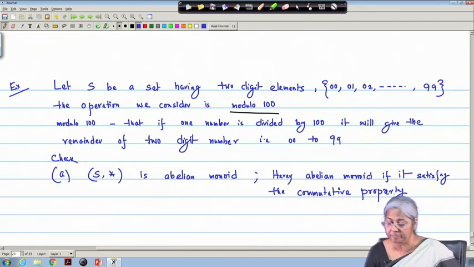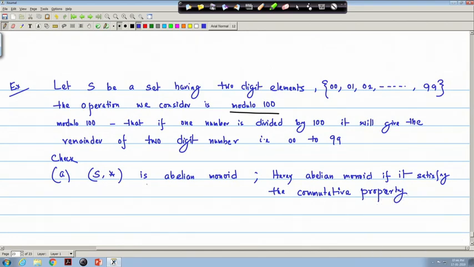So we have to check whether it is an abelian monoid. Then find the identity element.